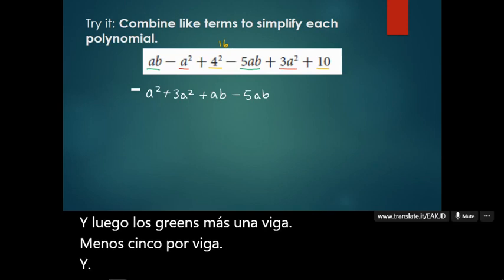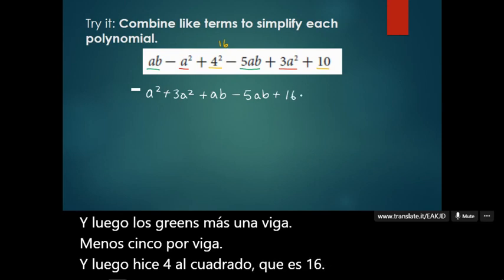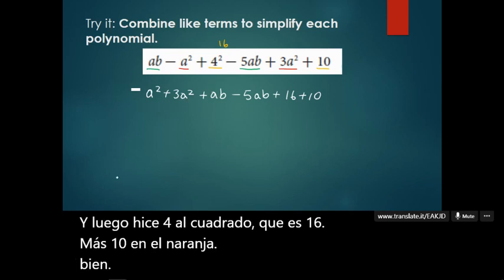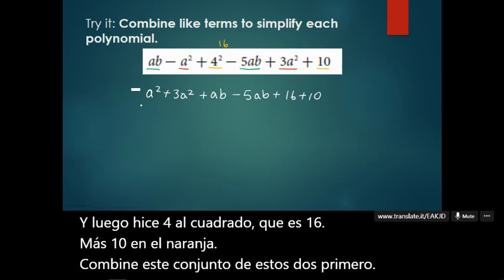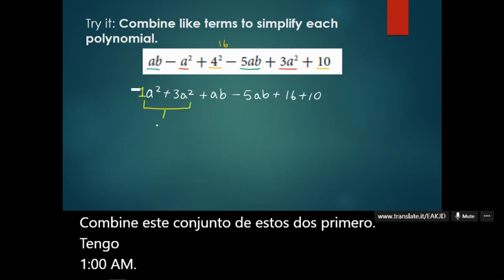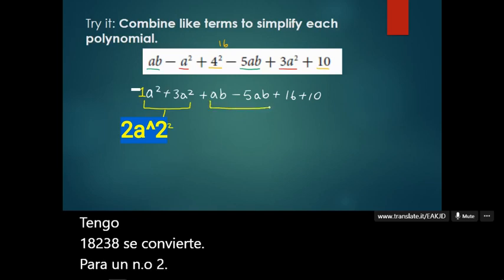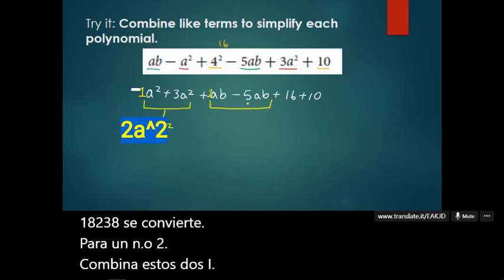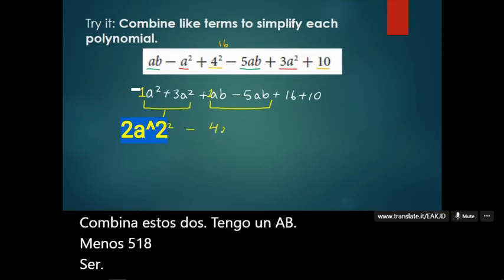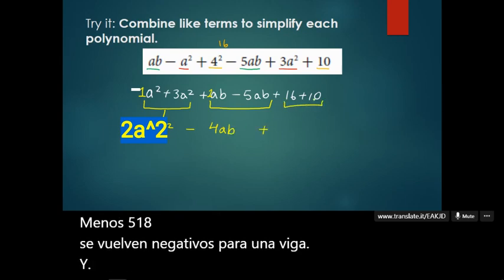And then 4 squared, which is 16, plus 10 in the orange. 1a squared plus 3a squared becomes 4a squared, 1ab minus 5ab becomes negative 4ab, and 16 plus 10 becomes 26.